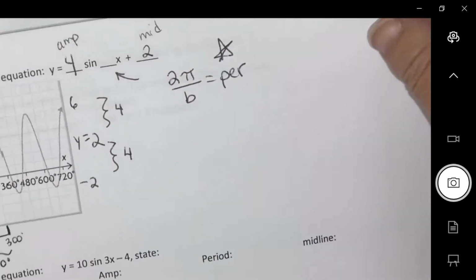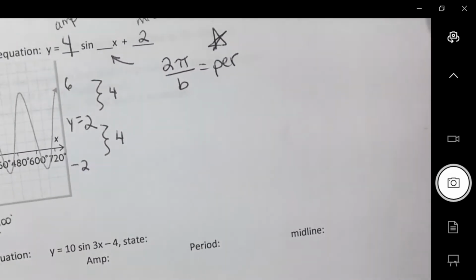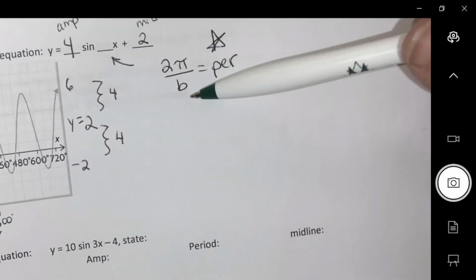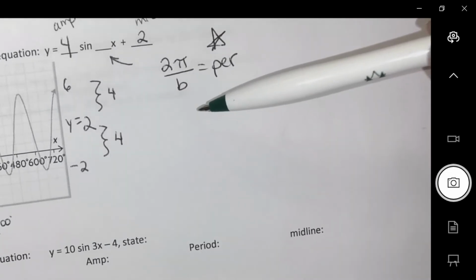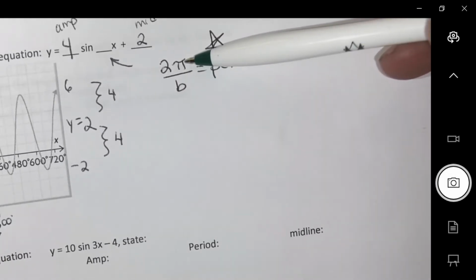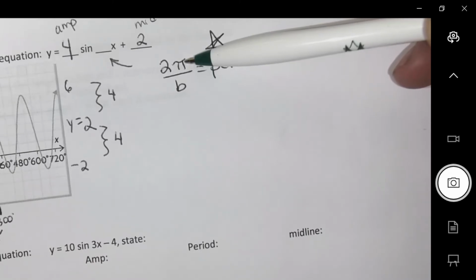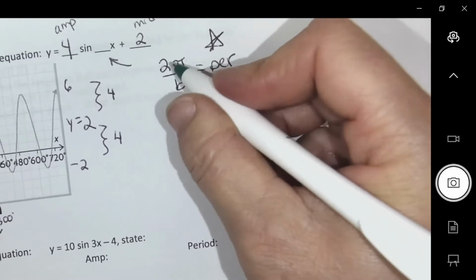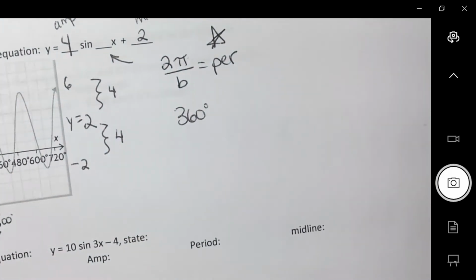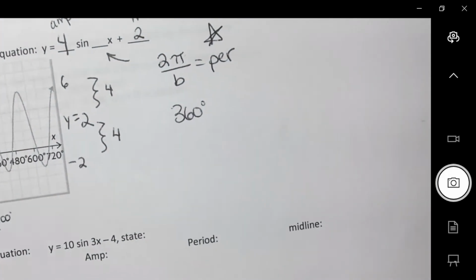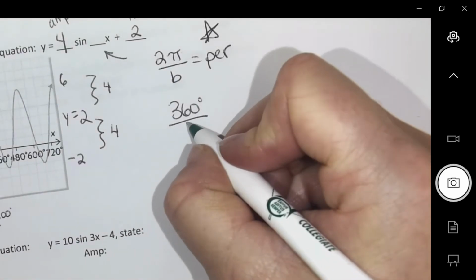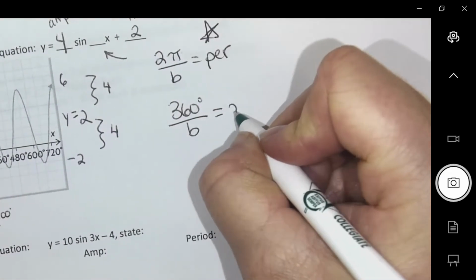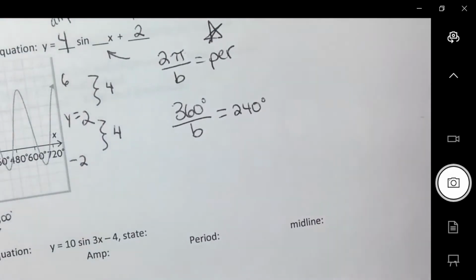Okay, so let's get our B value. Instead of doing 2 pi, that's radian talk. Obviously, this is not talking about radians. So I'm going to replace 2 pi with 360 degrees divided by something that would have produced a 240.